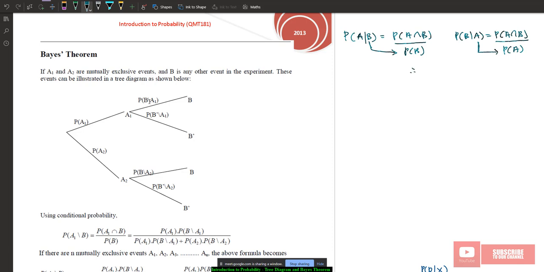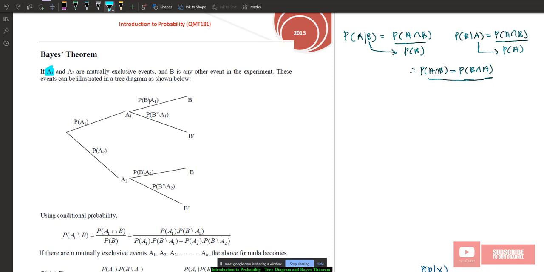Another thing you need to understand is the commutative law, meaning the probability of A intersect B should also be equal to the probability of B intersect A, right? See, this is the same value. So now let's look at Bayes theorem.